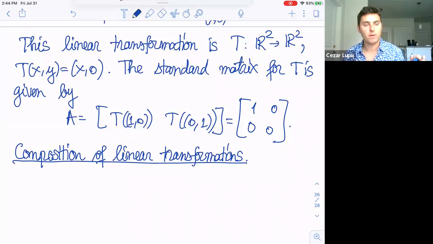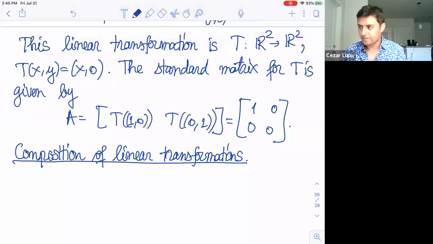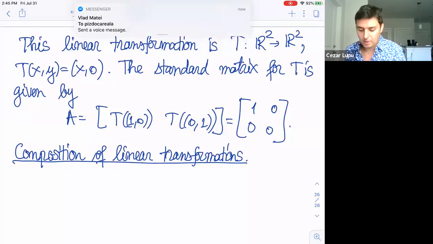For example, one linear transformation will send you elements from Rn to Rm and so on.